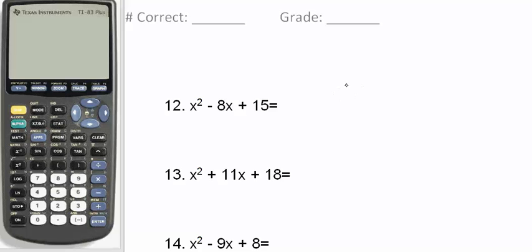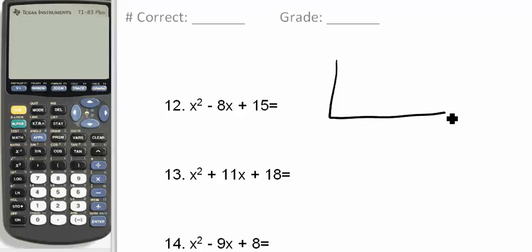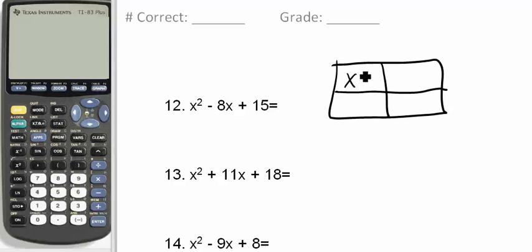So what we're going to do is start off with our box. And we always just write the first one down and the last one down. Now later on when we get a number in front of x squared, like 2x squared, we'd go 2 times 15 and write that number down here.